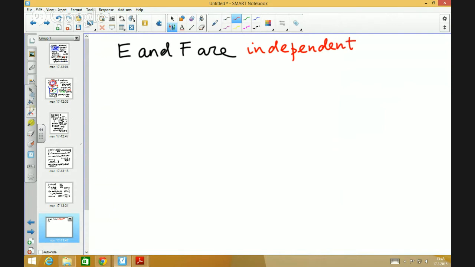Now remember that formally this means that the probability of the intersection of the two is the product of the probabilities of E and F.